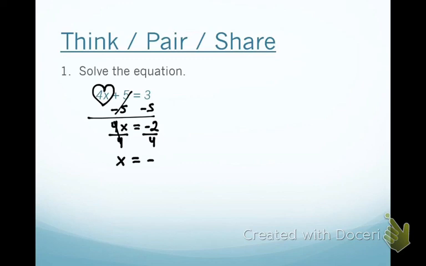The negative is correct, but class, what would 2/4 be reduced? 1/2. That's not the same thing as a 2. Okay, 2 over 4 means reduced 1 over 2, and it was a negative. If you didn't get that, that's okay. Just erase the part that you messed up on and fix it.